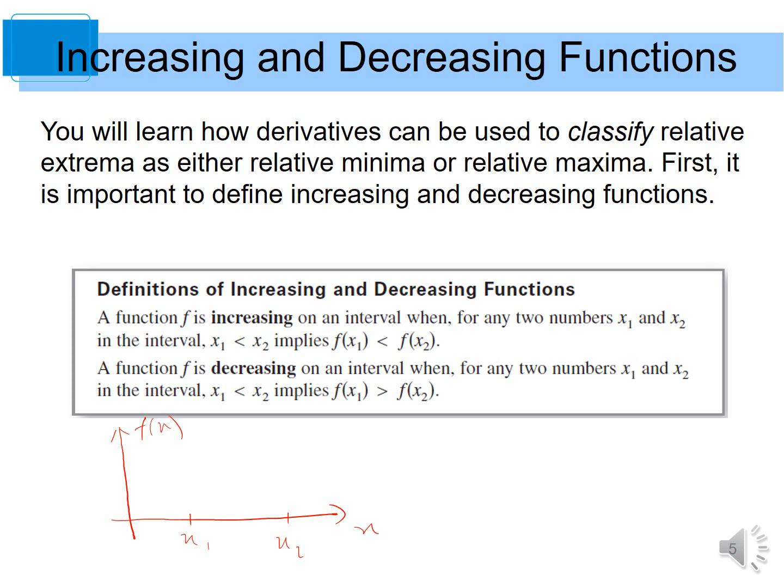So for this point, the output is f(x1), and this point is less than the f(x2) point. So here's the point. And just say I connect these two points. So we can conclude this function is increasing.